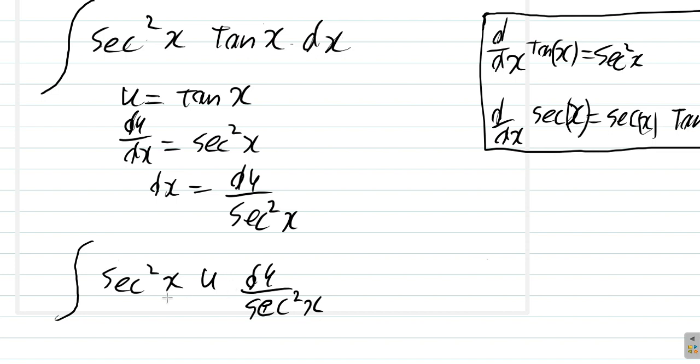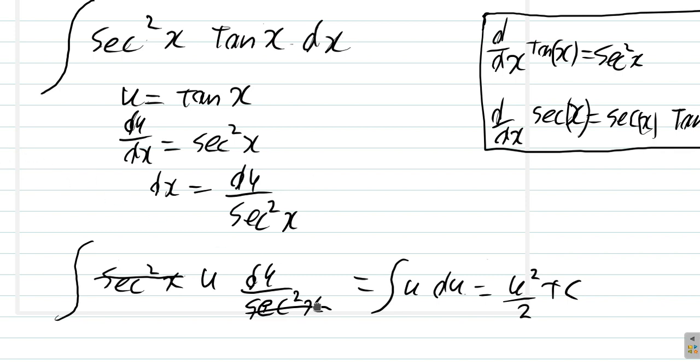Now you notice sec squared x cancels sec squared x. So what we have is the integral of u du, which is u to the 2 over 2 plus c. Remember, u means u to the 1. To integrate, we add 1 to the 1 to get 2 as the new power, and then divide by the new power. What was u again? u was tan x.